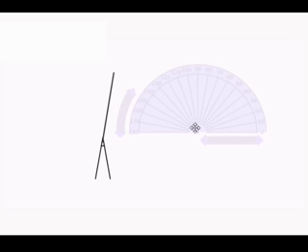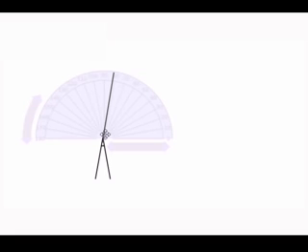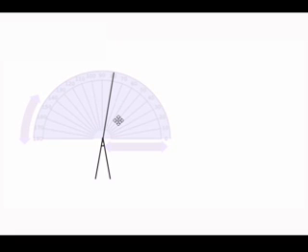So generally, when measuring an angle, what you do is put the center of your protractor on the vertex of the angle. And then you rotate the protractor such that the zero line or the baseline lies on one of the lines, and the other line is within the protractor.